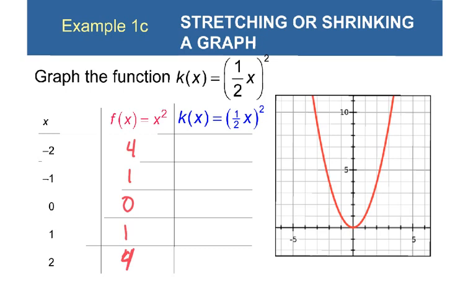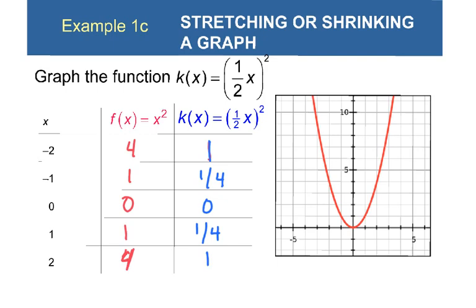So these are the values we're going to get. So when we multiply 1/2 to -2, we get -1, and then we square it, we get 1. And then same goes for -1. Multiply it to 1/2, get -1/2, square it, we get 1/4. 0 stays 0. Then these values we already know.